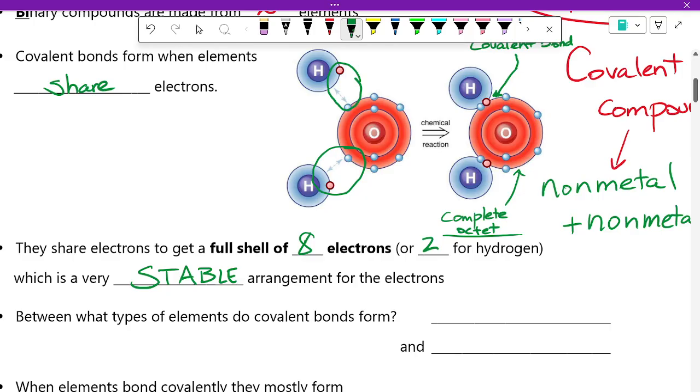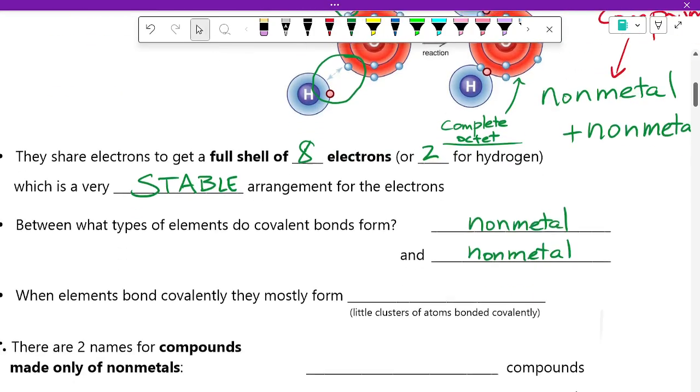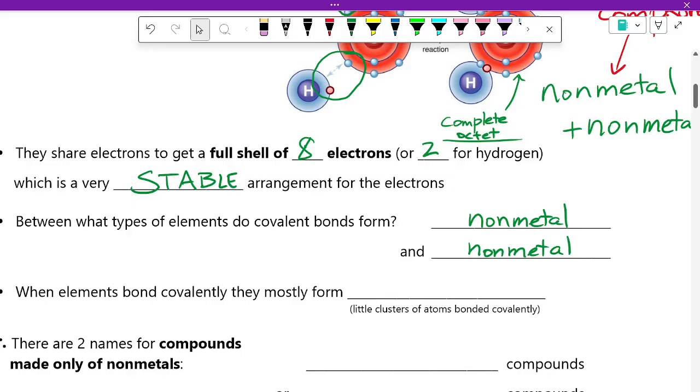Ooh, we already asked this, but what the heck, why not again? What types of elements do covalent bonds form between? Non-metal, non-metal. What do we call the particles that form when elements covalently bond? Molecules.